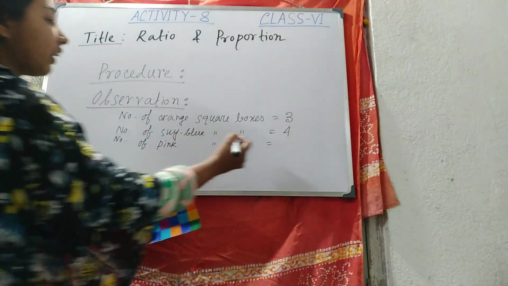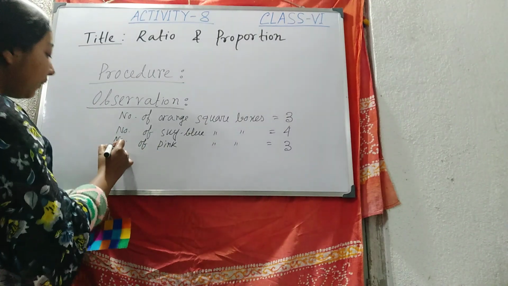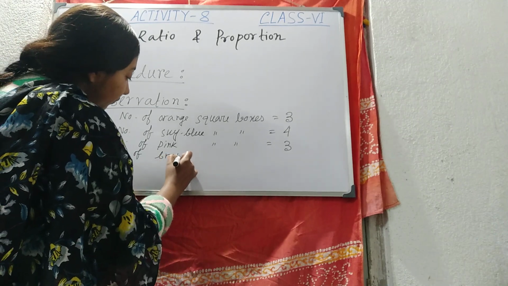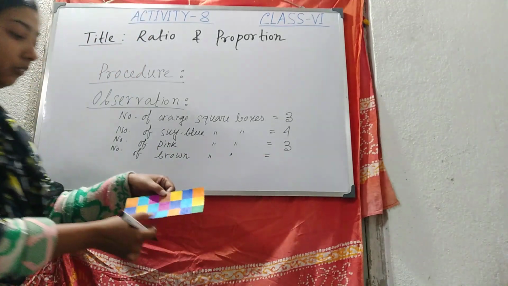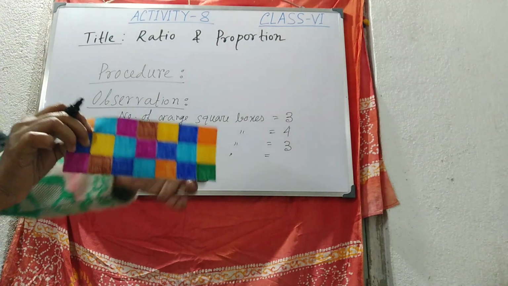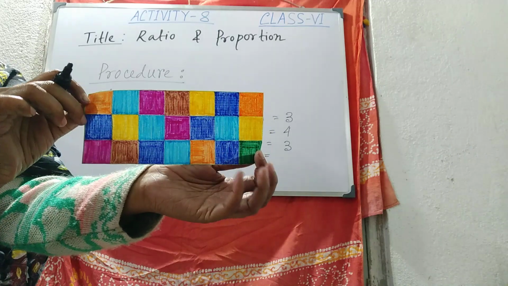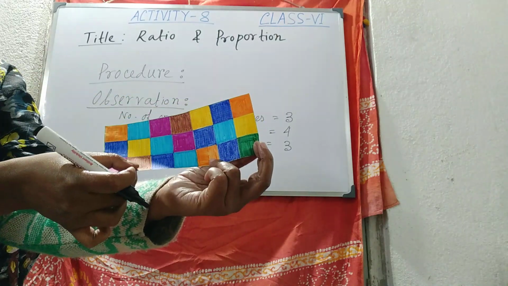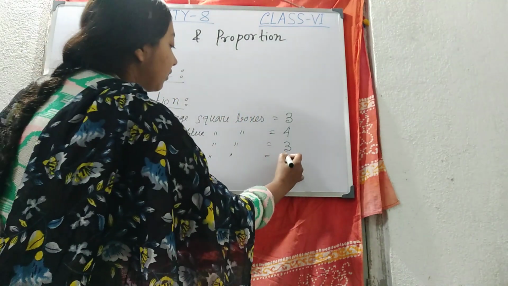So here we have to write 3. After that brown, so number of brown square boxes will be equal to: in the first row only 1, in the second row none, in the third row only 1. So 1 plus 1, we are getting 2 together.